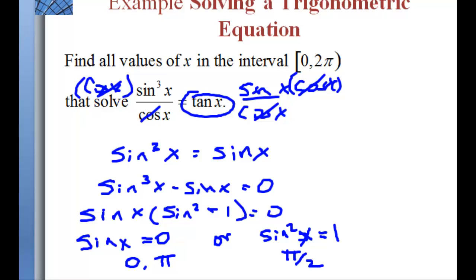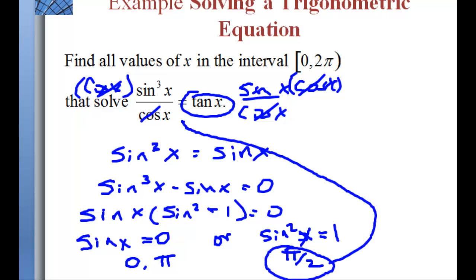Looking back at the original equation, we cannot use this one because at pi over 2, cosine is 0. So this one is not a possibility. So our two answers are 0 and pi.